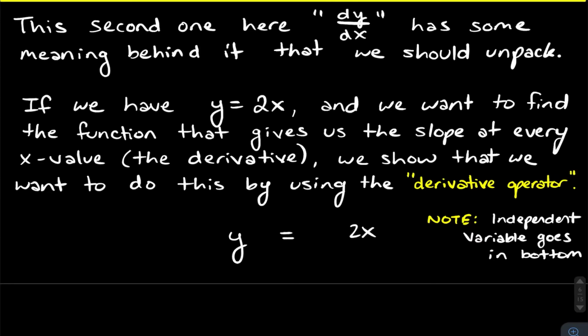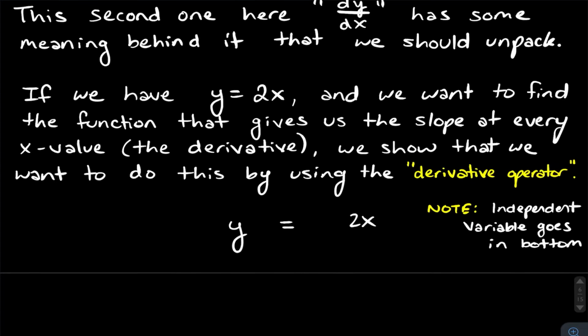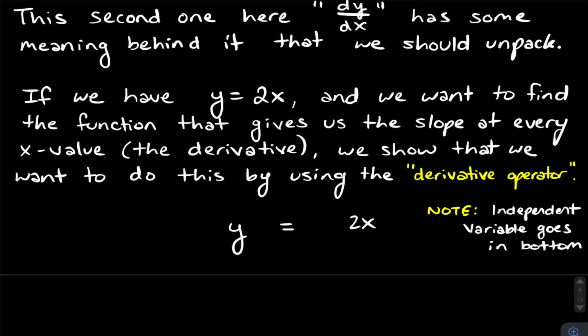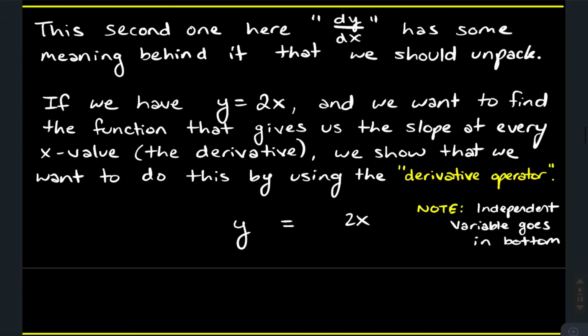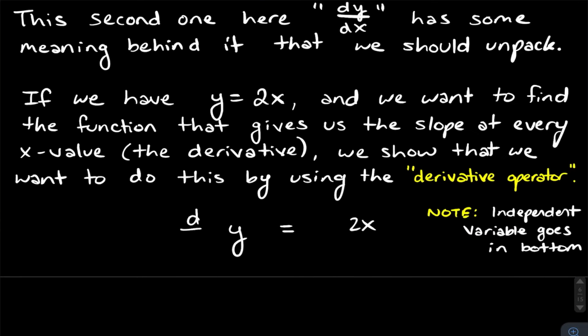If we have y equals 2x and we want to find the function that gives us the slope at every x value, that's called the derivative. We show that we want to do this by using the derivative operator. And the operator, I'll talk about that in just a second here. But basically it just tells us that we want to do something. And so what we do is we put a d over dx on both sides.